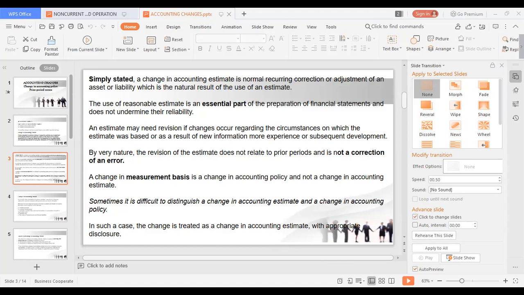It's already given at 4,640,000. So we have now the remaining carrying amount of 1,720,000. So the answer is in 9-7, number 2 is letter C.